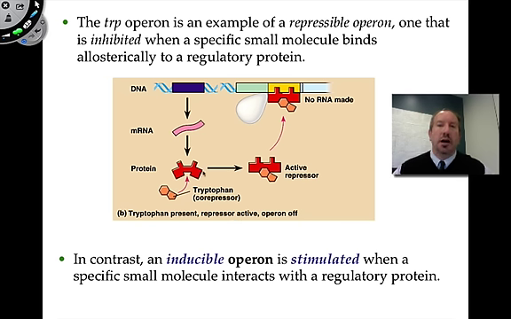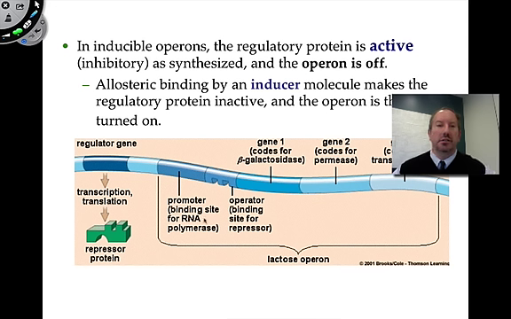In the lactose operon, the regulatory gene produces an active repressor protein, and it binds. Exactly. So take a look. Here's the regulatory gene. Sometimes it's called lacI. The regulatory gene is always being transcribed, and it's producing a repressor protein. Now, this repressor protein is active.